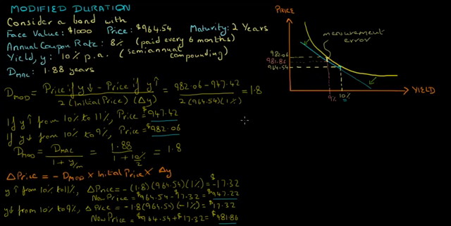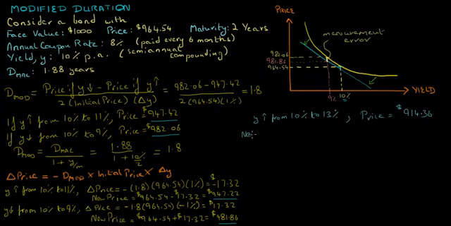Suppose that yield changes by 300 basis points, so that yield increases from 10% to 13%. In that case, the bond price will go down to $914.36.